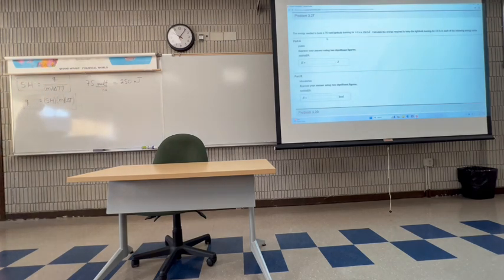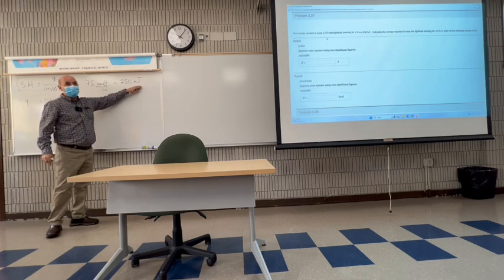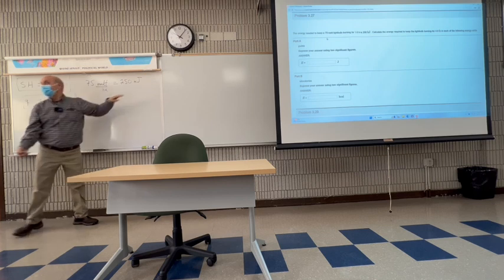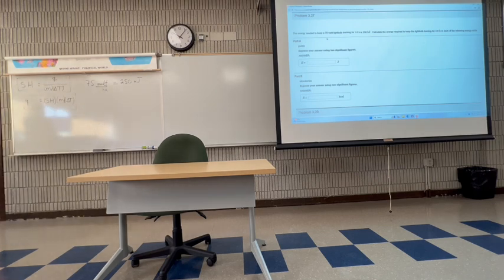This is an equality, right? Every equality gives you conversion factors. If you want the energy, you want kilojoules. Kilojoules are a unit of energy. So calculate the energy required to keep the light bulb burning for 4 hours.